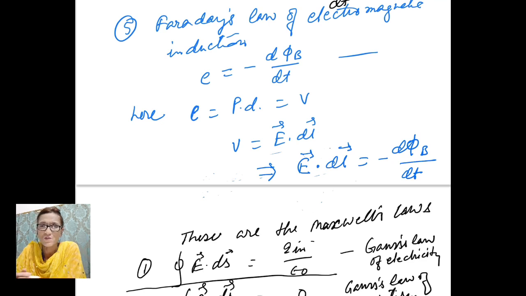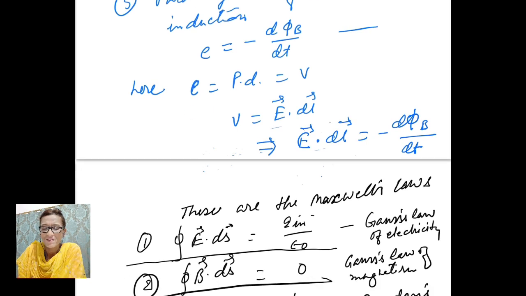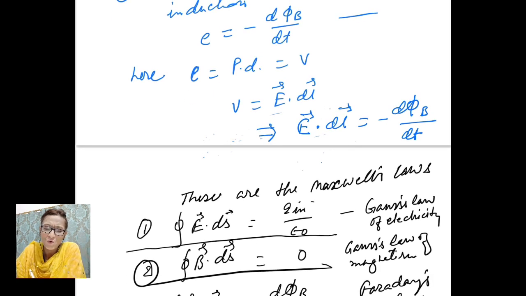When resistance is very low, you can say that potential difference is equal to EMF. And we also know that dV upon dr, the potential gradient, is equal to electric field. These all things we are recalling, we should know from before.